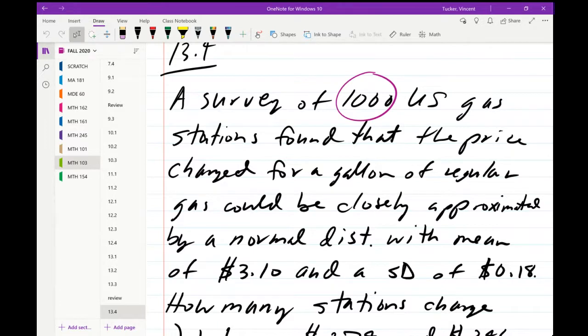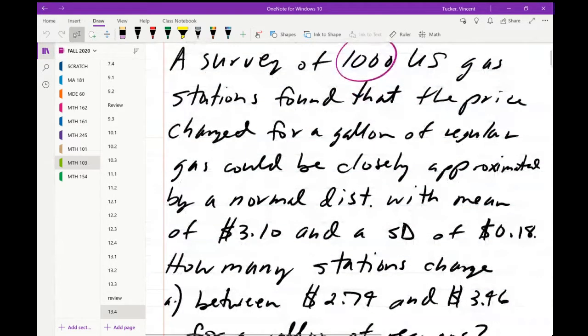They found that the price charged for a gallon of regular gas could be closely approximated by a normal distribution, with a mean of $3.10, standard deviation of 18 cents. How many stations charge? And they give us an A, B, and C. So I'll let you copy that first before we go into A, B, and C.